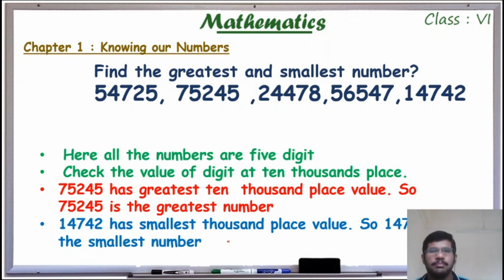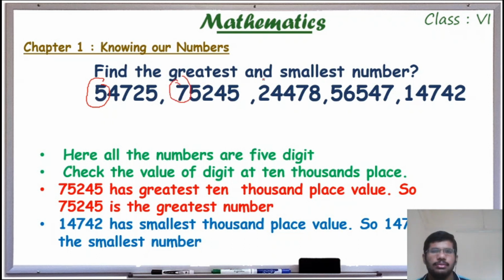Here all the numbers are 5 digits, right? We have to check the value of the digit at the 10,000th place because it is a 5 digit number. So the first digit from the left side is at the 10,000th place value.